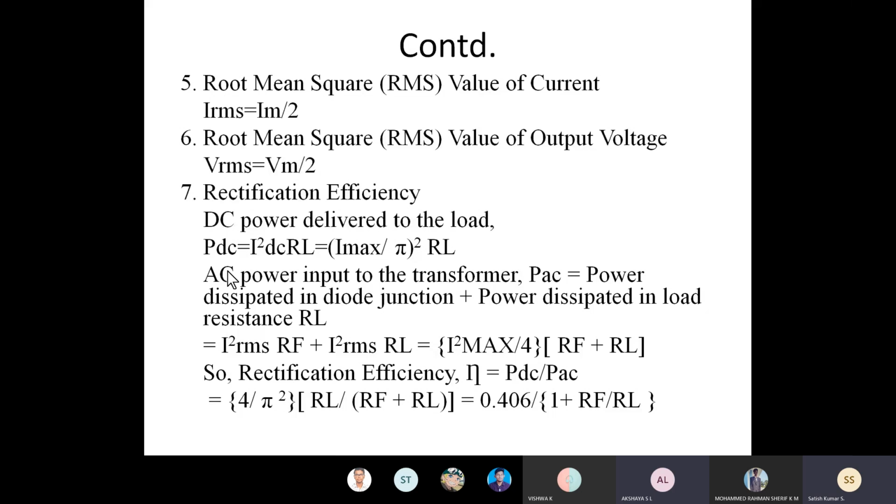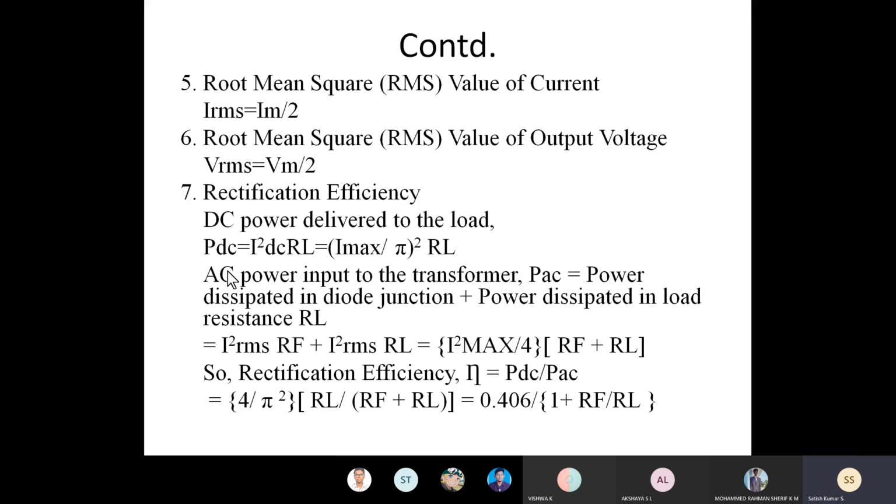Power is nothing but the product of V into I. So the simple way to calculate power is V into I. As per your statement, I is equal to V by R. So I am going to replace it, and you will be getting I square R. And another manner, V square by R. So this is a way to calculate power using our Ohm's law.